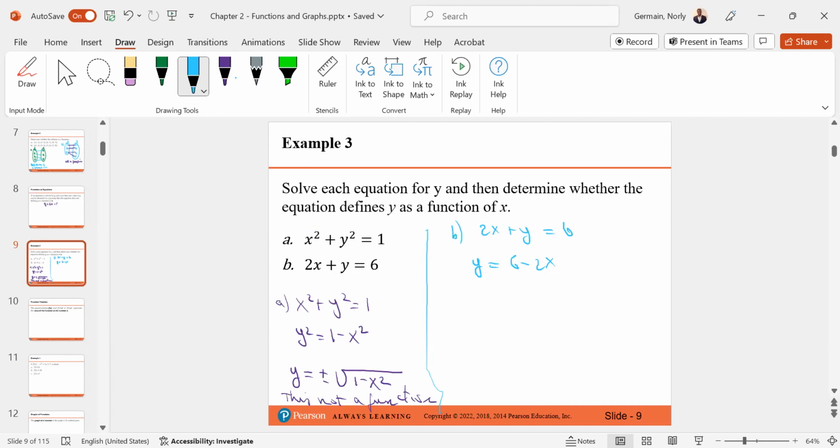So y is a function, or we can say this equation. Remember, an equation is a statement that two algebraic expressions are equal. As long as we have an equal sign between two expressions, we call it an equation. Now we're going to go over function notation.